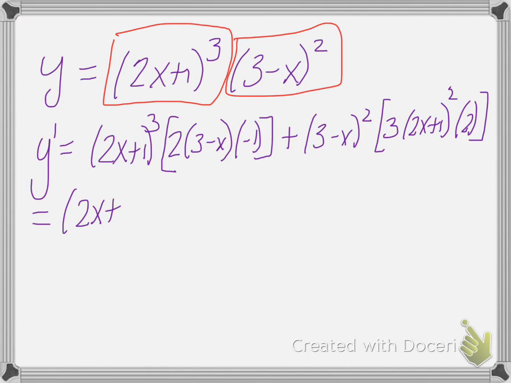Keep the first piece the same. And now for the second piece, what you want to do is multiply this 2 and this negative 1. So it's going to be negative 2 times 3 minus x.